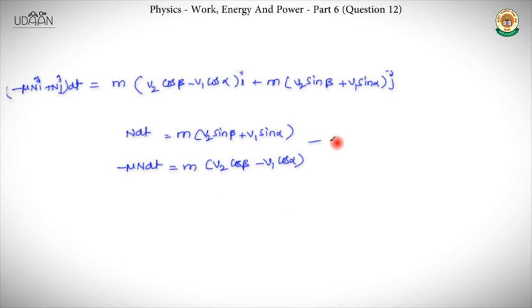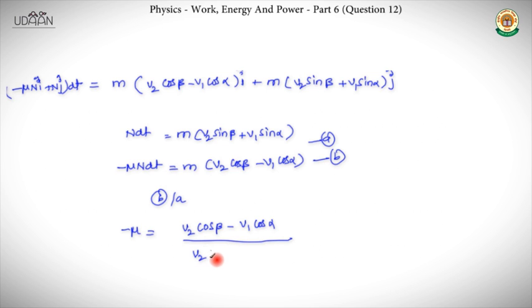Let us name these as equation A and equation B. By dividing B by A, we will be getting minus mu is equal to (v2 cos beta minus v1 cos alpha) by (v2 sin beta plus v1 sin alpha).